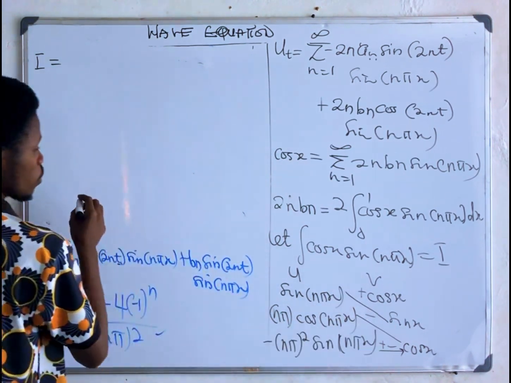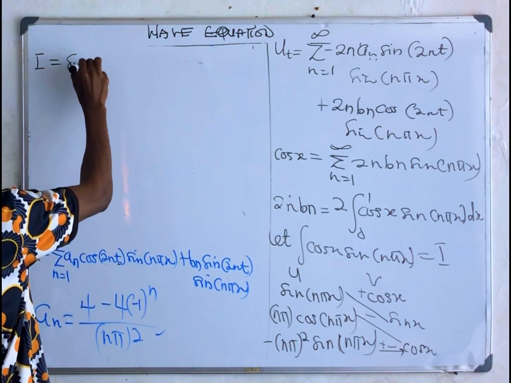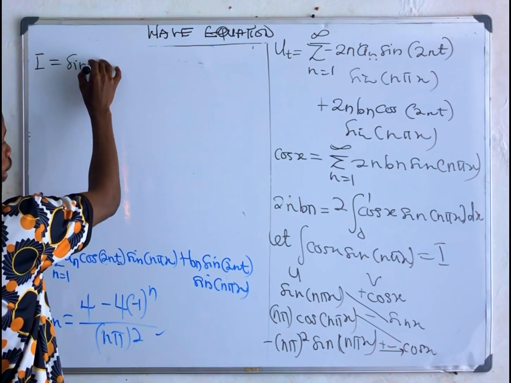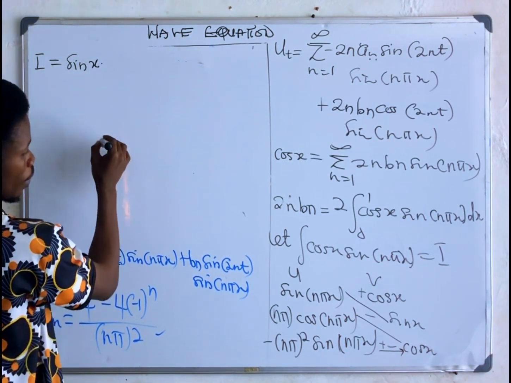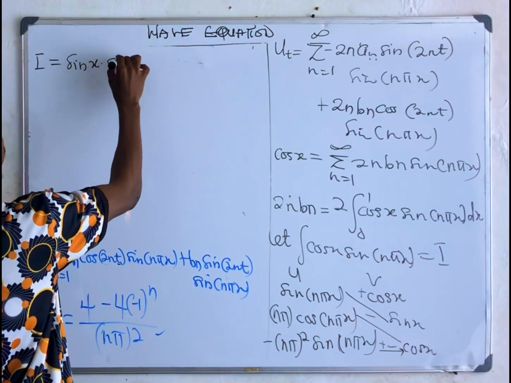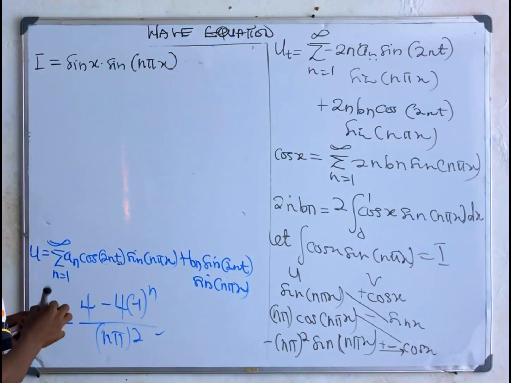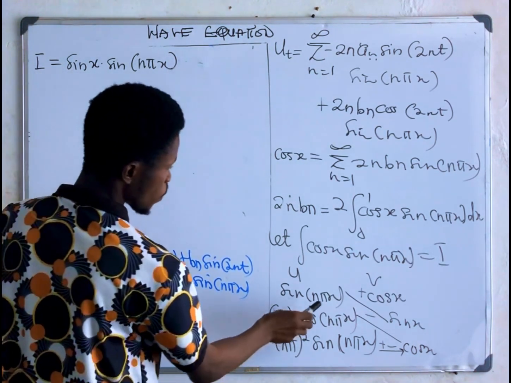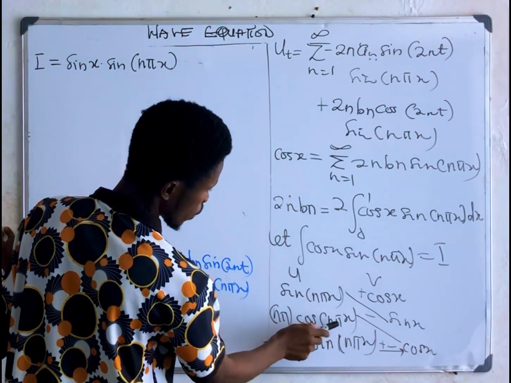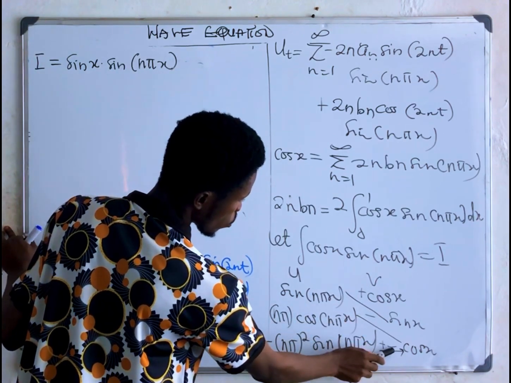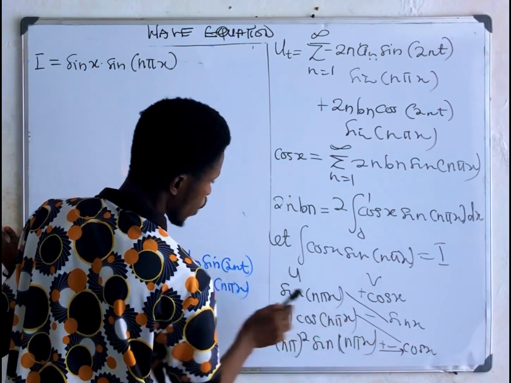So that is going to give you sine x multiplied by sine n pi x. Then this one goes here. This is negative. Here too is negative. So again, that will give you positive.